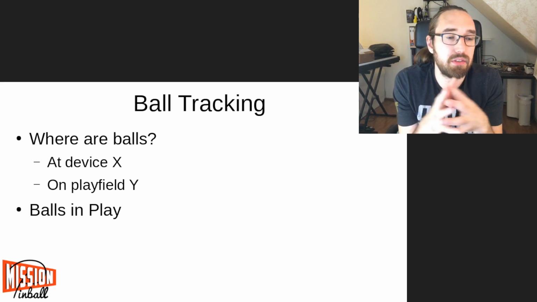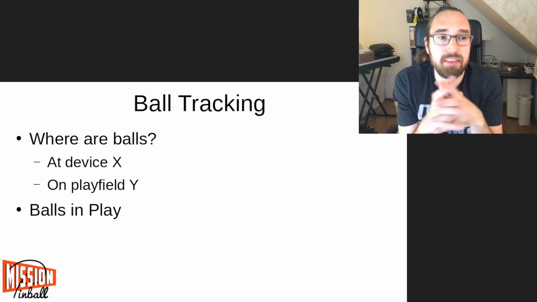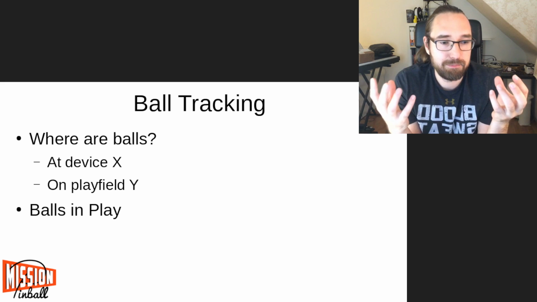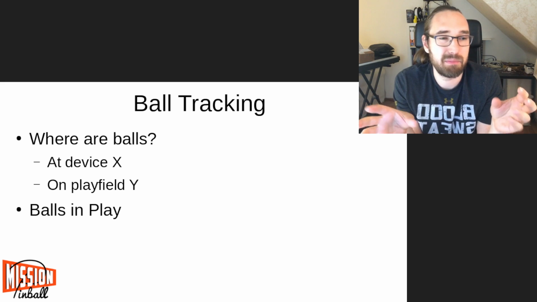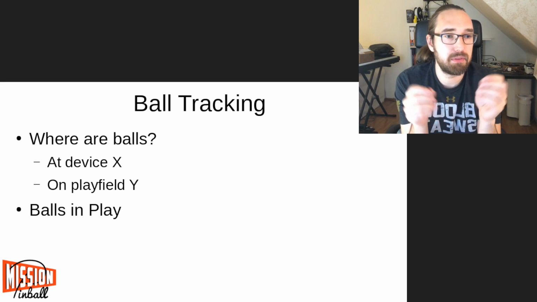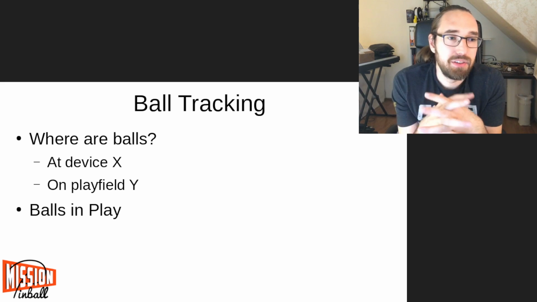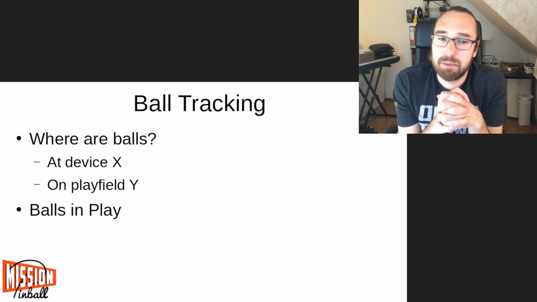And for that reason, we also need to know how many balls exist, right? Usually this number shouldn't change during the game. It can change when ball search misses a ball because it got stuck behind some post, or you know that, right? Crazy things can happen. Balls can end up everywhere, and they will eventually.